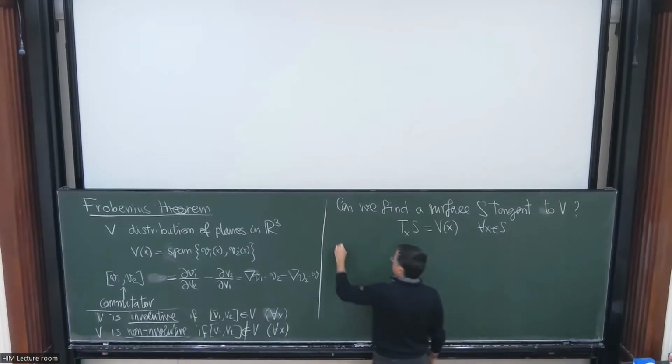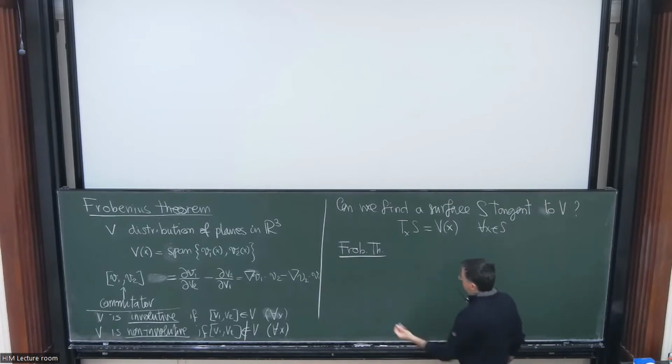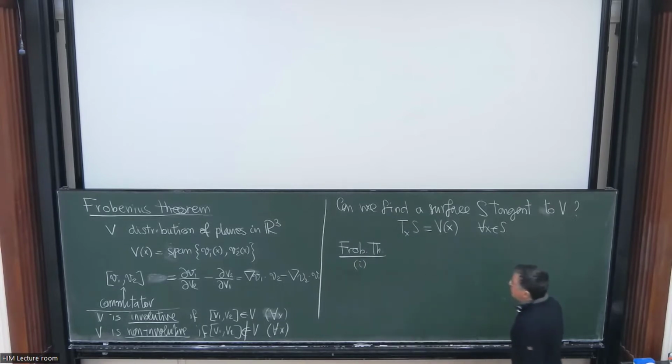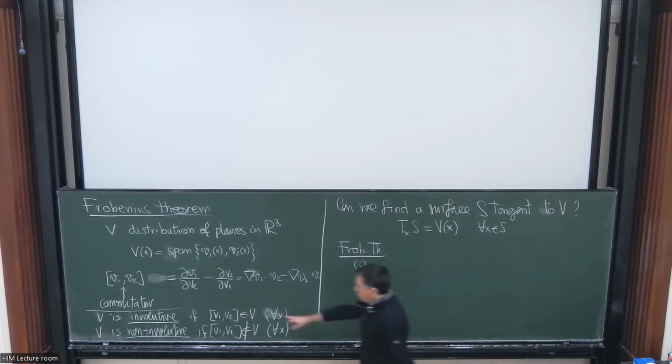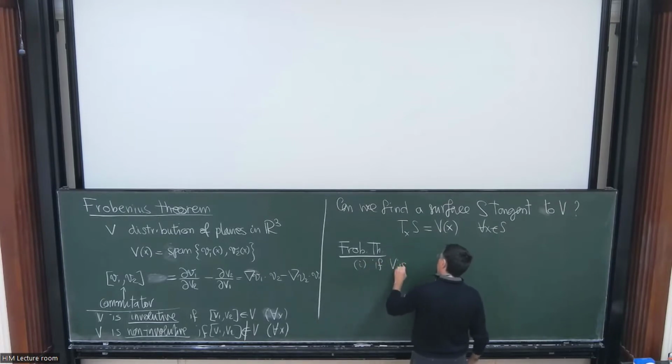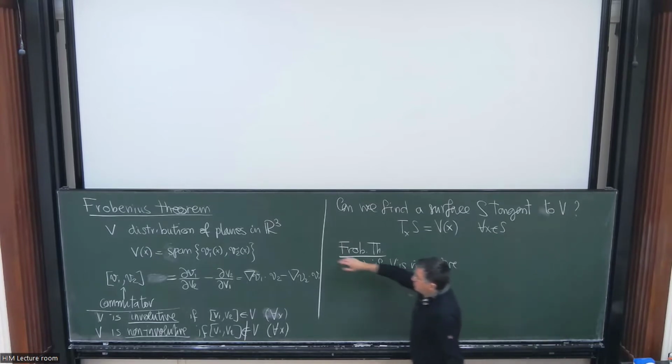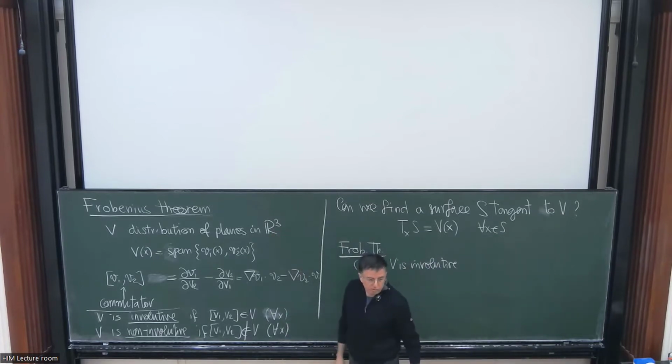And here is the answer. The Frobenius theorem contains two statements. The first says that if V is involutive, then you can locally foliate the space with surfaces tangent to V.